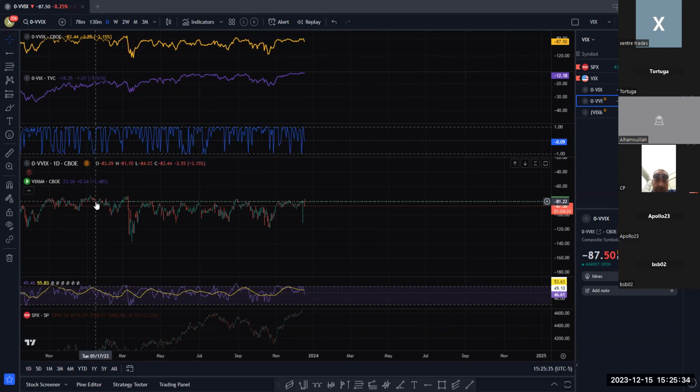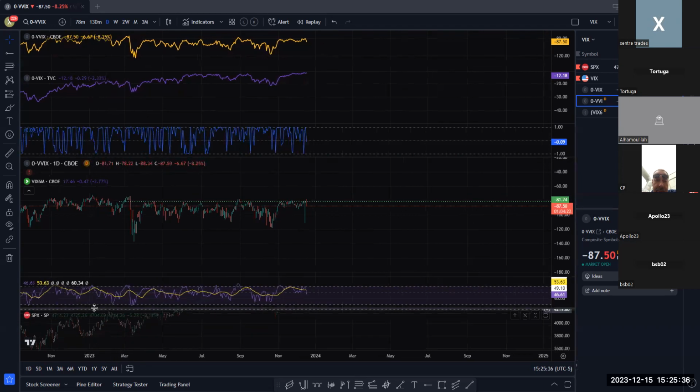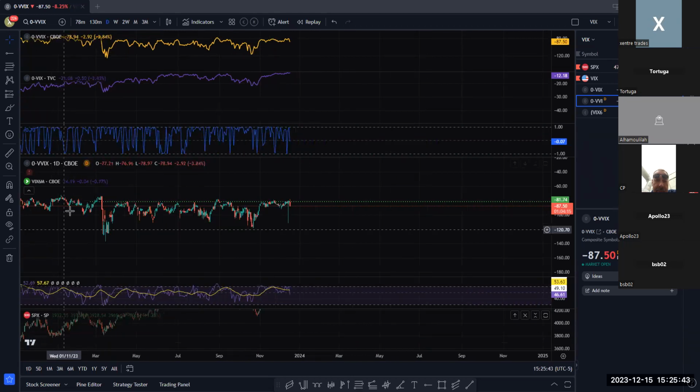So the leader has started to come down, but the laggard, SPY, has not pulled back. After a little bit, SPY catches up, and then you see that it goes back to being positive.